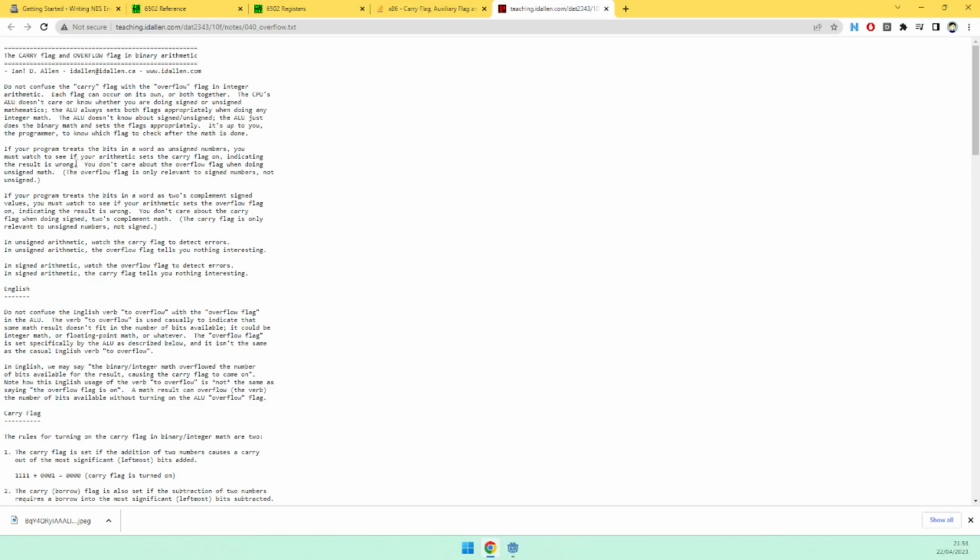And this is the part I don't get. Well, what does it mean, the result is wrong? It means you have to add 1 to some other byte. The overflow flag is only relevant to signed numbers, not unsigned.